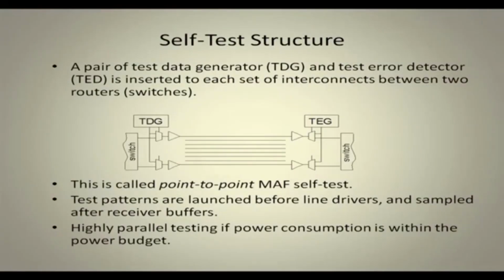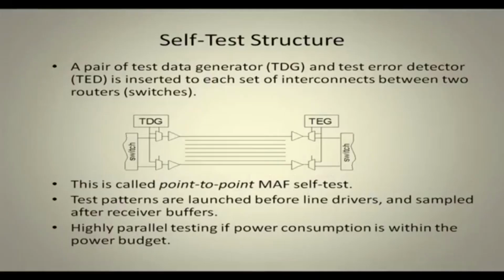This is a huge parallelism that we can have, but of course with the restriction that the link power consumption will go up significantly, and the TDG and TEG will also consume power. Normally they use some sort of finite state machine to generate the test patterns for testing this fault model, so it will consume a huge amount of power.